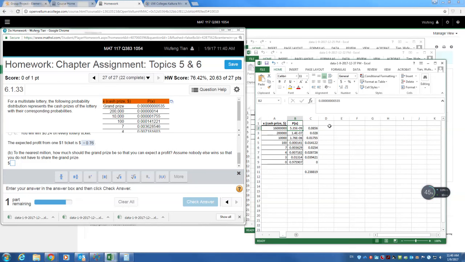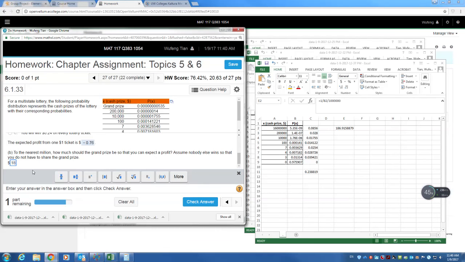So basically it's 1 over this, equals. How many million? Divided by this, it's 1 million like that. There's 186, 187 million.